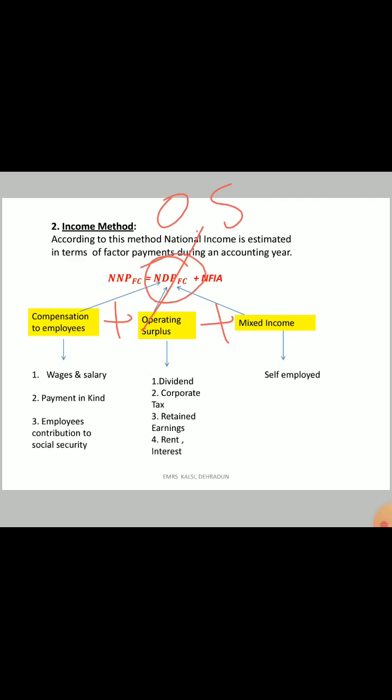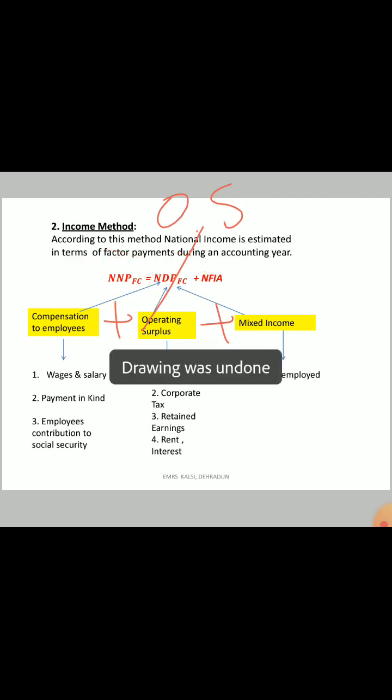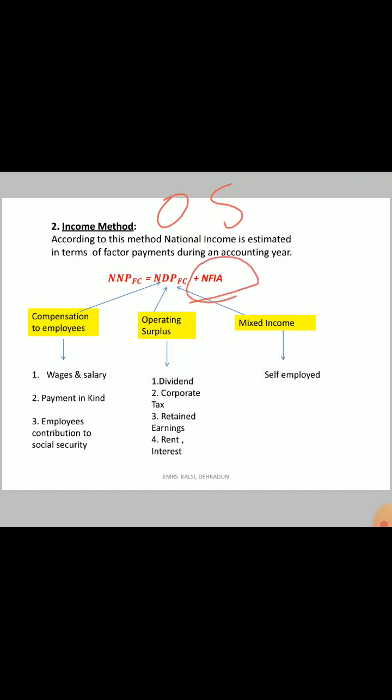Through NDPFC we convert to national income, which is called NNPFC. How will we convert? We have seen this earlier: we will add NFIA, net factor income from abroad. NDPFC means domestic income, meaning all the people living inside India and earning money; those incomes will be counted.